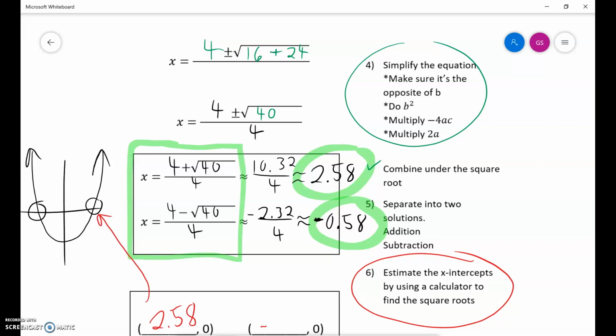And the other one's about negative 0.58. So there's that one. Like I said, in this parabola specifically, you've got 2 x-intercepts, and this plus and minus is giving me those 2 x-intercepts. So that's one worked example with all the steps laid out, those 6 steps for how to find the solution. Okay.